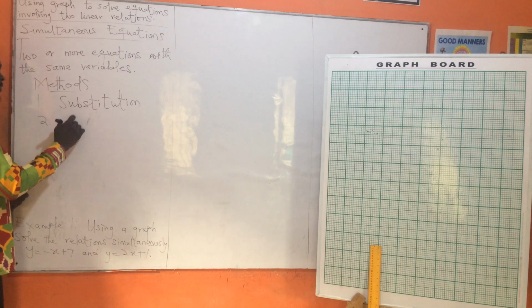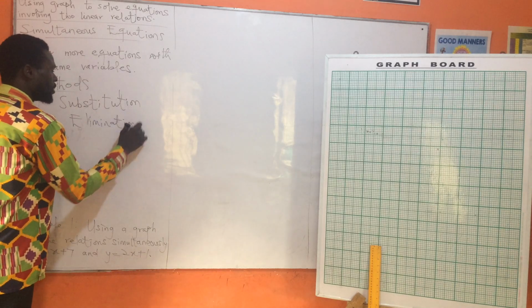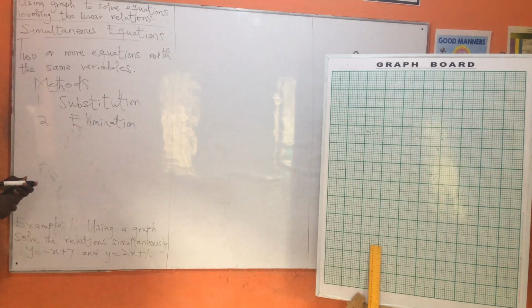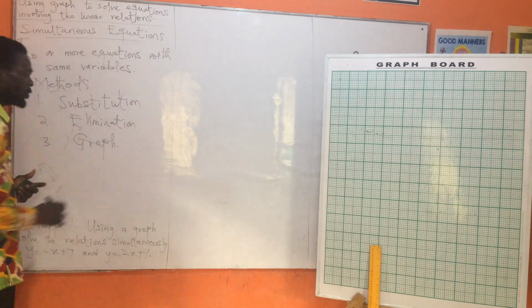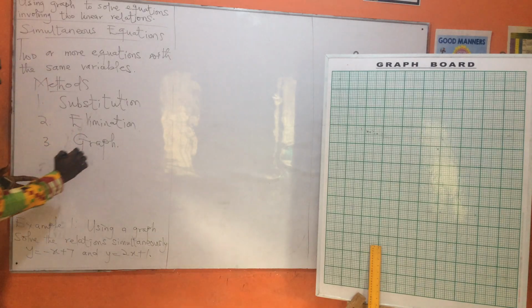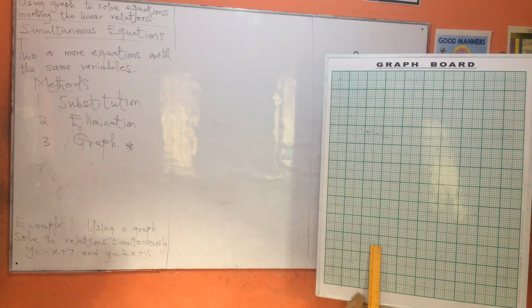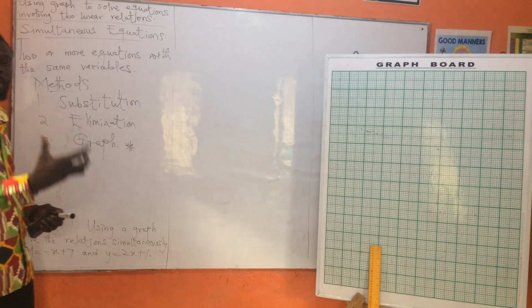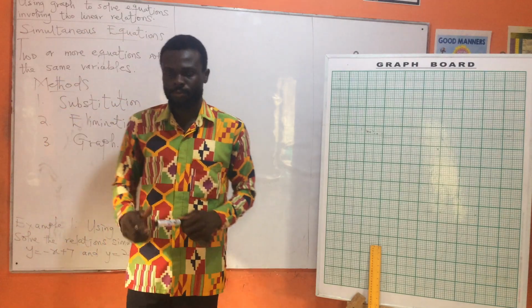We can also solve using the elimination method. And finally, we can solve using the graph method, and this is what we want to talk about today: how to solve simultaneous equations using the graph.